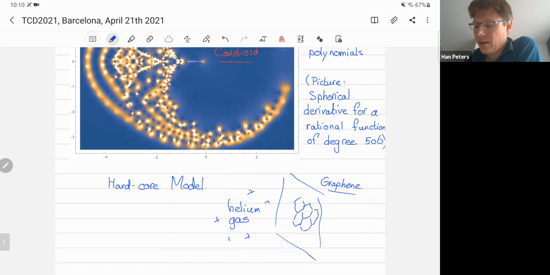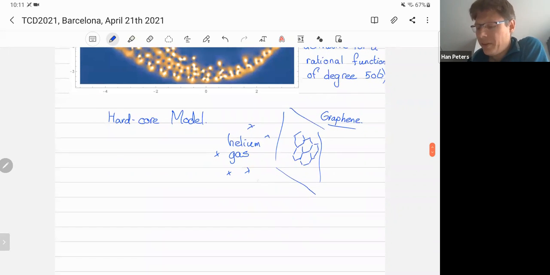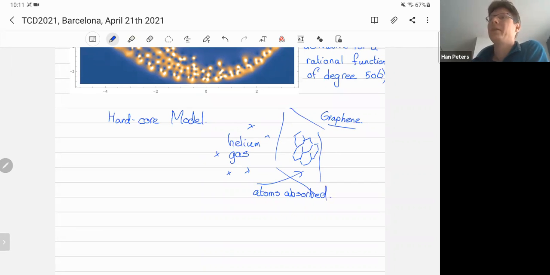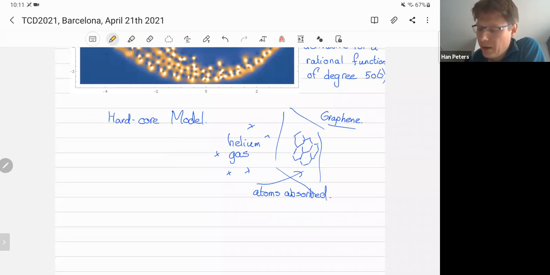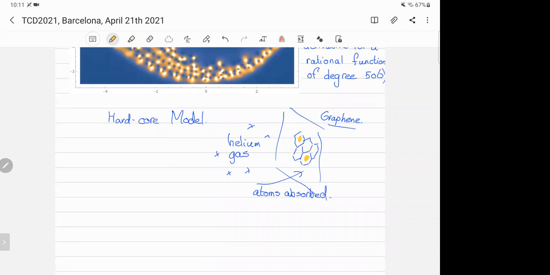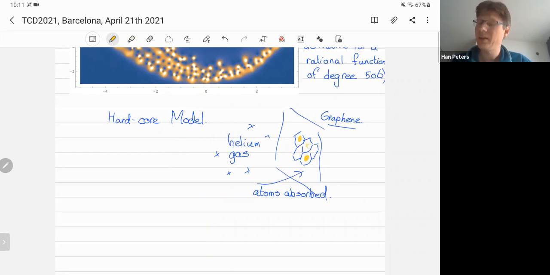So here we have atoms, and then some of these atoms can be absorbed in the holes of the graphene. Okay, so let me draw here. There could be a helium atom, and then here could be another one. However, even though these atoms are very light, they take up a fair amount of space, too much to lie next to each other. So here there cannot be a helium atom.